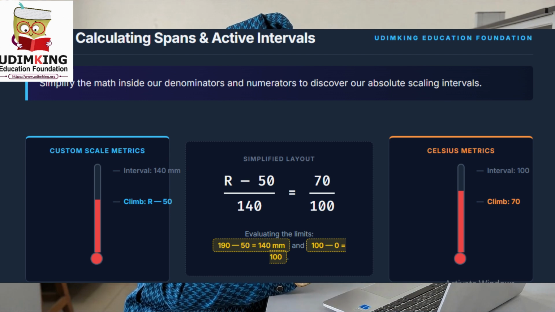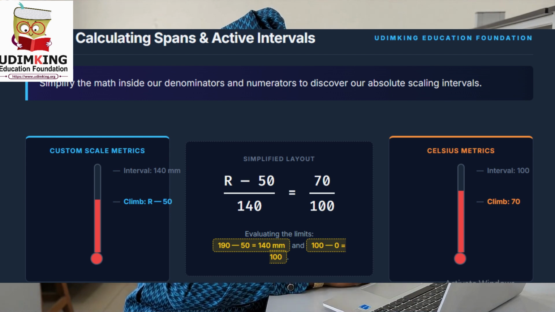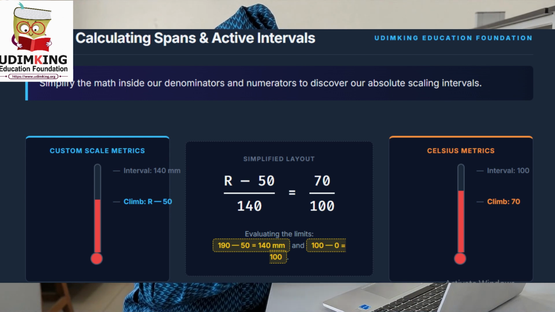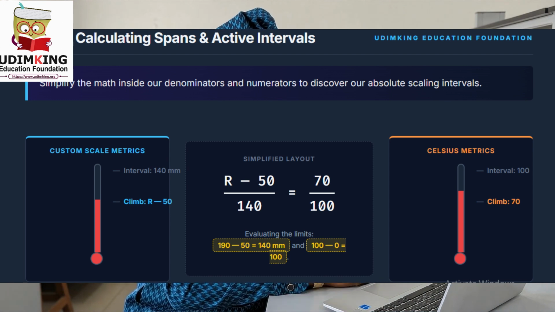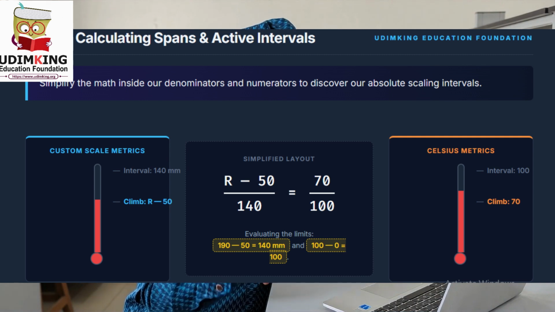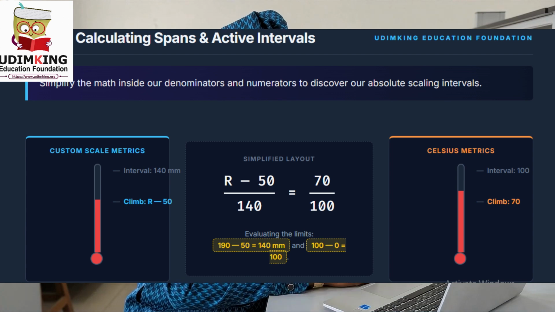On our custom scale to the left, evaluating our denominator, 190 minus 50, reveals a total spatial distance of 140 millimeters between our freezing and boiling anchors. In thermal physics, this baseline denominator value is your fundamental interval. Our balance equation is now clean, sleek, and ready to be rearranged. R minus 50 divided by 140 equals 70 over 100.